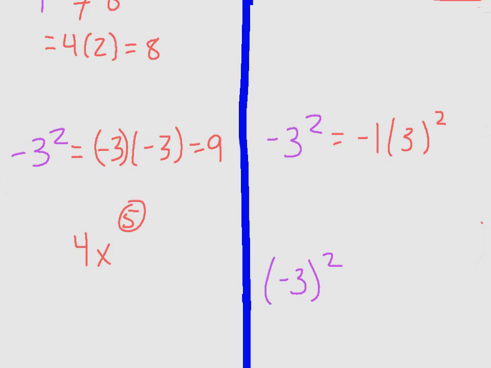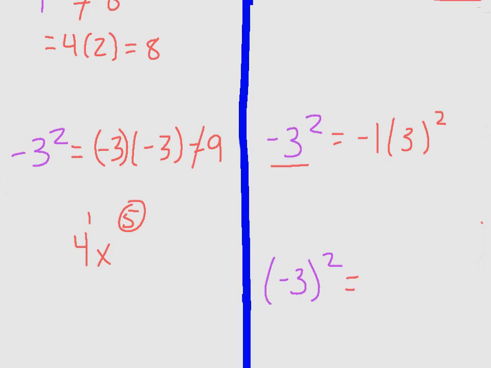But what is 4's exponent? 1. Good. You remember. Okay? Notice how those two things are separate. They don't have the same exponent. So the same thing here with this negative 3. There's a 3 here that's got a 2 as an exponent. And that negative sign is not attached. It has its own exponent of 1. Okay? But if there are parentheses around the negative 3, like this bottom one, then this thought process is correct.